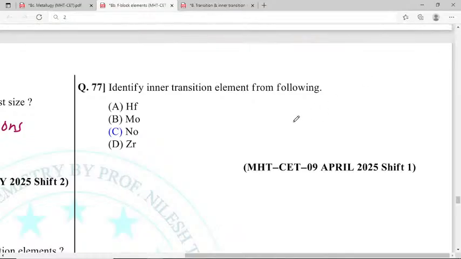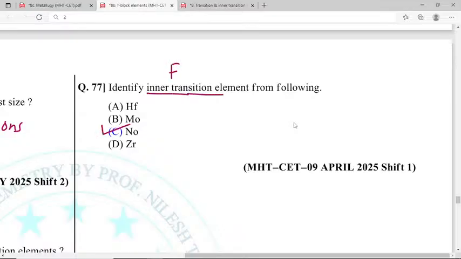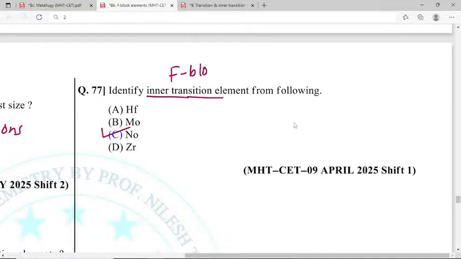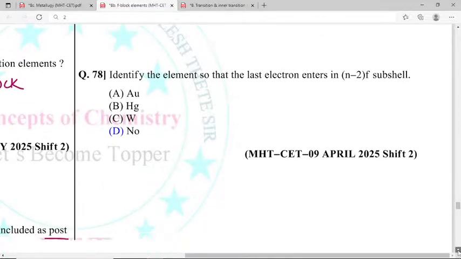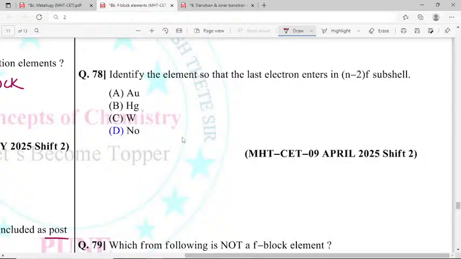Identify the inner transition element from the following. Nobelium is the inner transition element. Inner transition stands for the F block elements. Identify the element in which the last electron enters the n-2 F subshell.